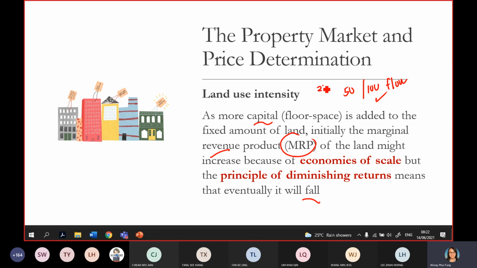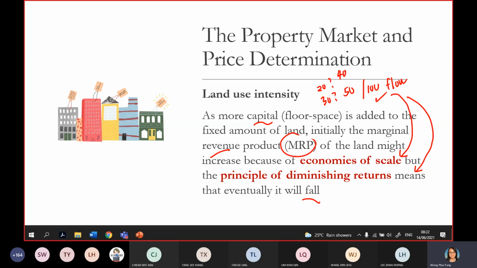Why do we stop at 20 floors? Why do we stop at 30 floors? Why do we stop at, let's say, 40 lah? Why not we just build 100 floors? The more we build, we can sell more units, then we can earn more ma. So that is why we say that we cannot build 100 floors because of these two principles. Okay, I will come to this explanation later lah.